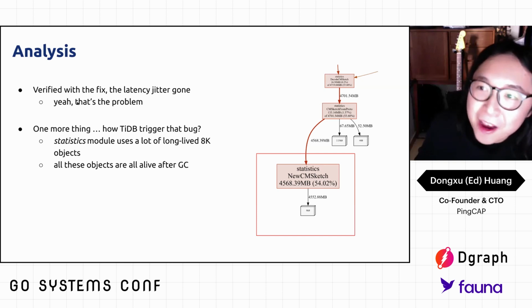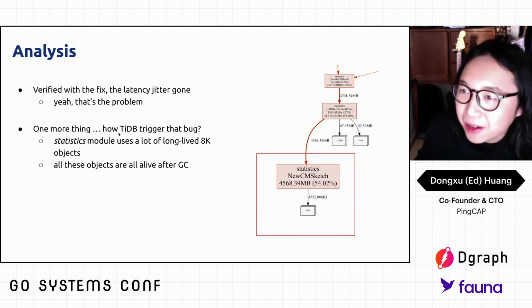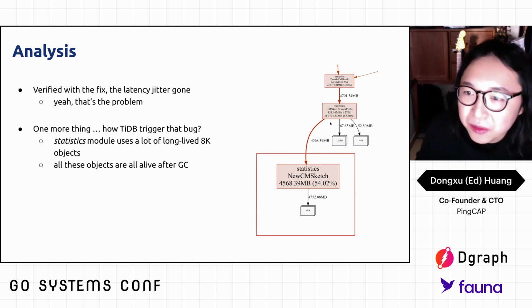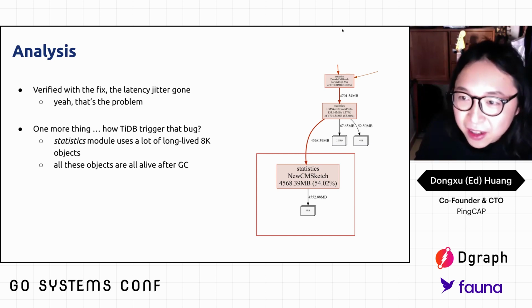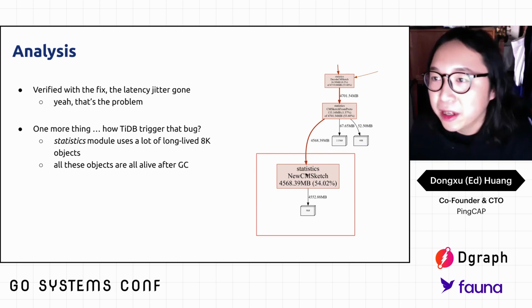But we are also very curious how TiDB triggered this bug. We found that there is a very unusual, abnormal usage in our code. We used pprof to take a look at our memory usage.